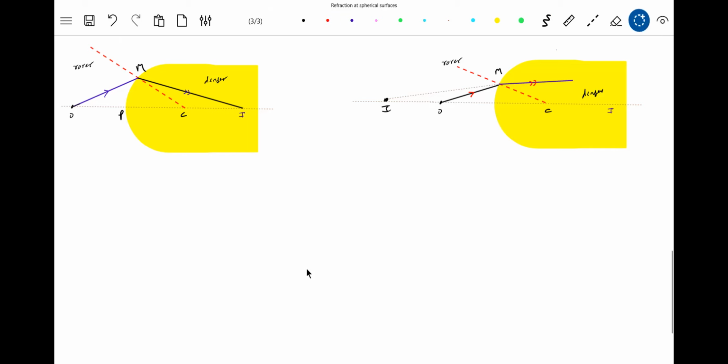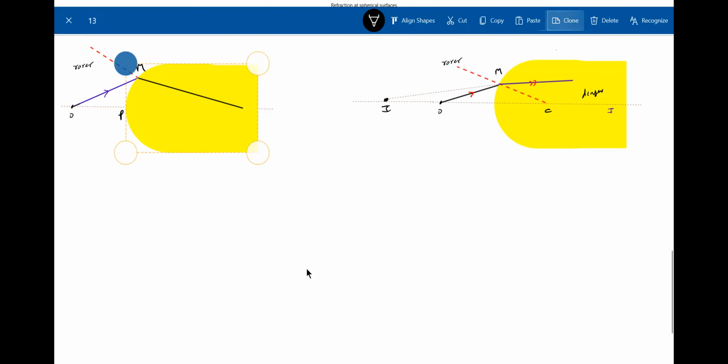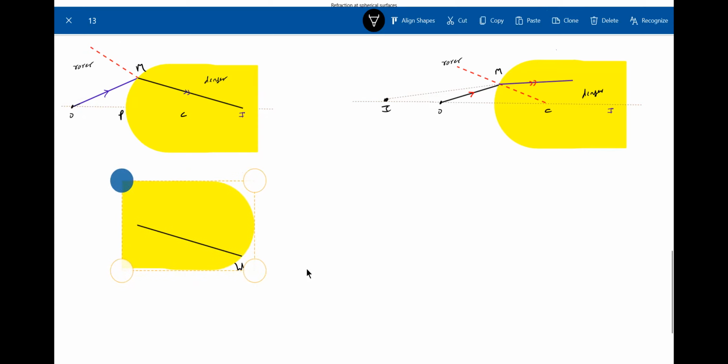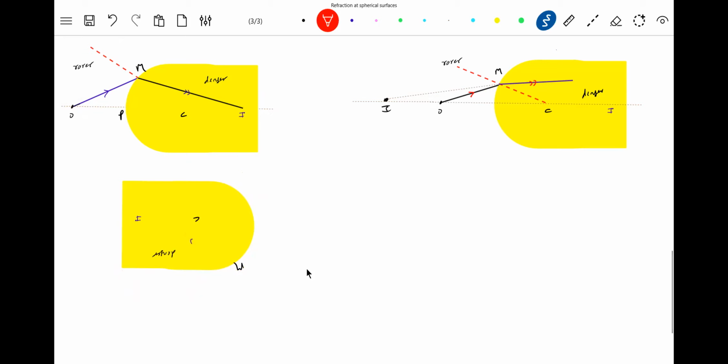Now we will have a situation where I'll keep the object in the denser medium.